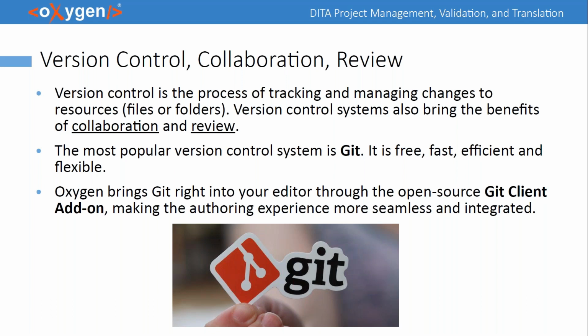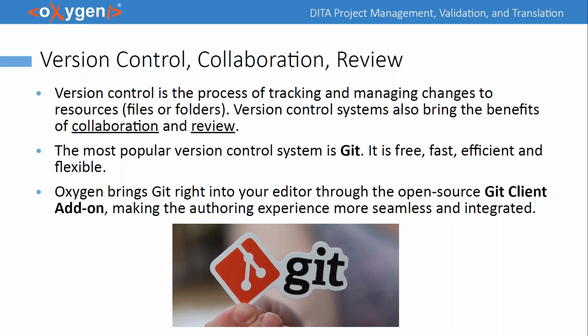It is free, fast, efficient, and flexible. Everybody is using it. It's very popular, and there are several platforms from which you can choose. You can choose to have Git in the cloud, or you can have it on premise, and you can choose between different workflows and different Git clients.